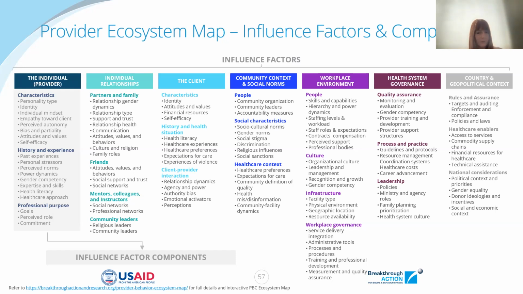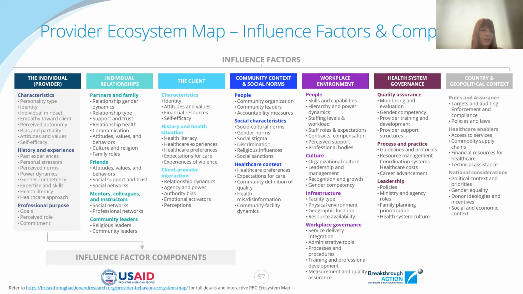And each of these influence factors is further divided into groups of components that influence providers. And here you can see a list of all the components that are included in this ecosystem map. And there are a lot. So I'll just call out a few. If you look at the individual provider, for example, we know that a provider's identity, how they view themselves, can really influence how they act and interact with clients and colleagues. Their own personal experiences, their stressors, their perceived role and their commitment to the profession are some that can influence that.